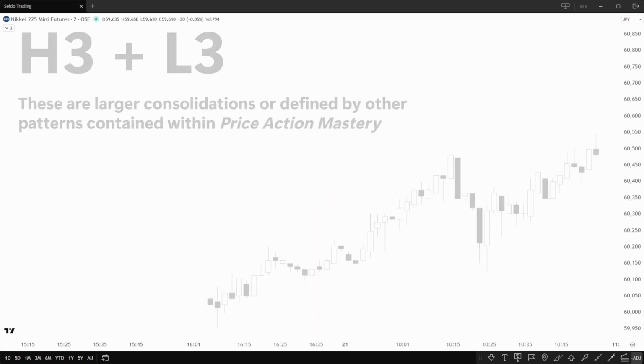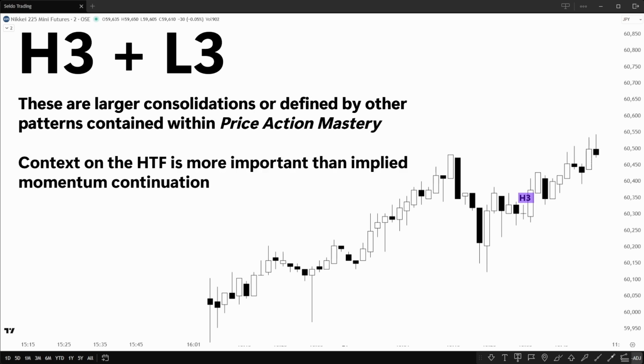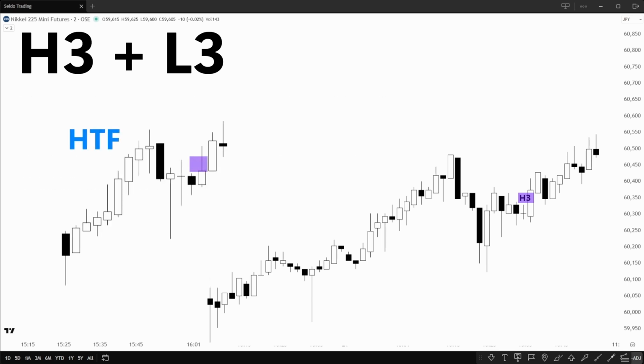Some educators discuss H3 and L3 setups, and traders will come across this language. When a count reaches 3 or beyond, the bar count itself becomes less important than what is happening at the higher time frame. Context on the larger time frame carries more weight at that stage than any implied momentum continuation on the lower time frame.